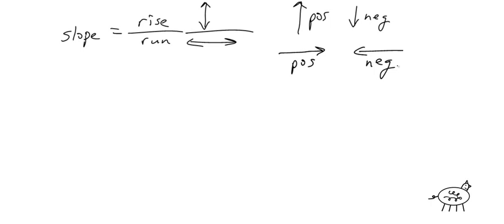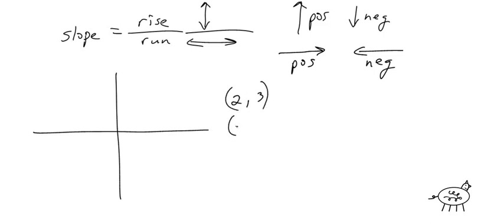So let's start off with a problem here. I'm going to have 2, 3 and negative 1, 1. Okay, so let's graph it. 2, 3 is right there, and negative 1, 1 is right here. So these are your points, and I can sketch a line through them. But the whole thing I'm trying to do here is write rise over run.